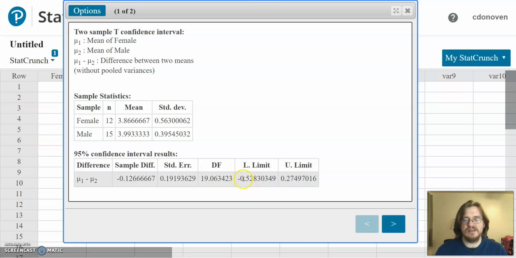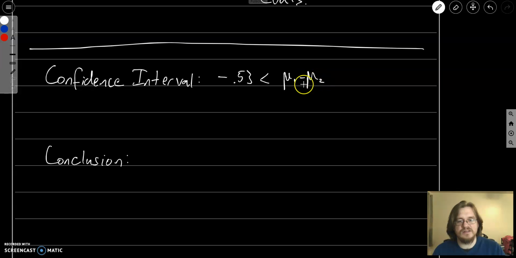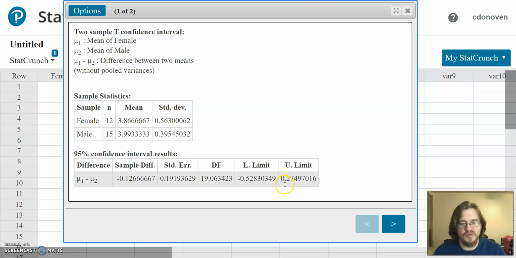The lower limit is negative 0.53, rounded to 2 decimal places. And what we're doing is we're testing the difference between the two means, and the upper limit will be 0.27.